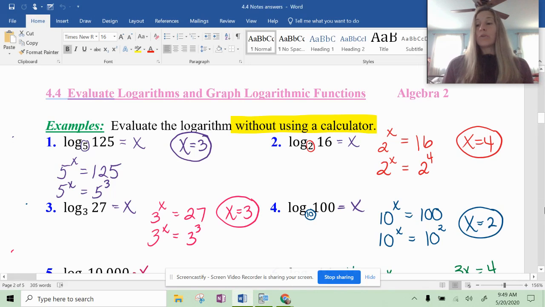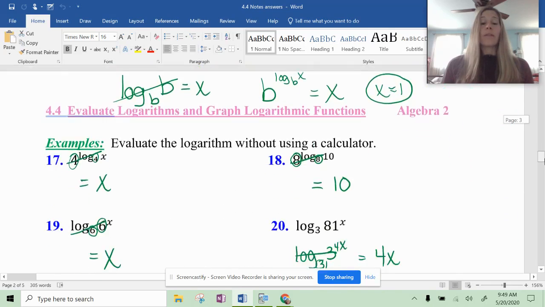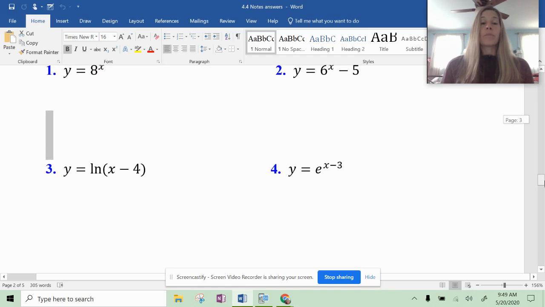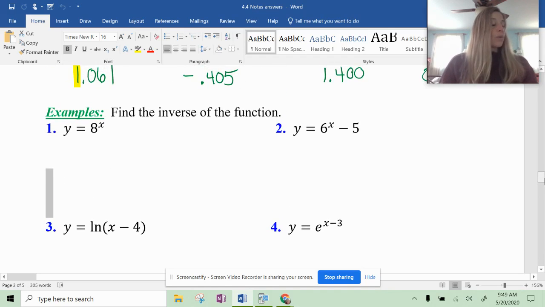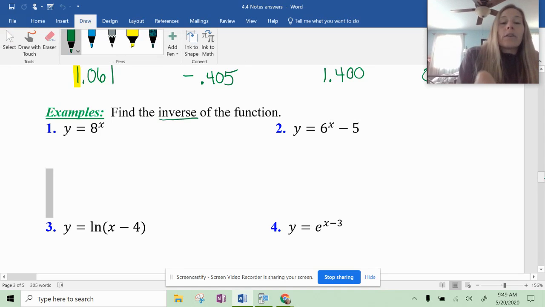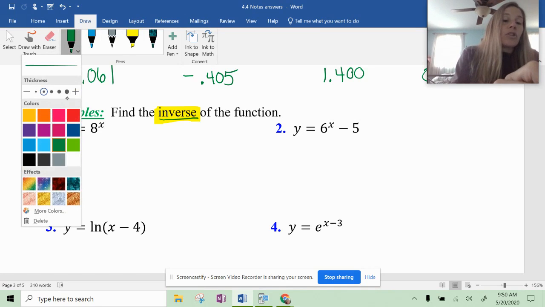Okay, so back to where we left off now. We left off with inverses, which is what we're going to need to do the graphing. When you're finding the inverse, remember I said the inverse of the log is written in exponential form. If you want to find the inverse of any function, doesn't matter if it's logarithmic, linear, whatever it happens to be, the first step in finding an inverse is to switch the x and y.